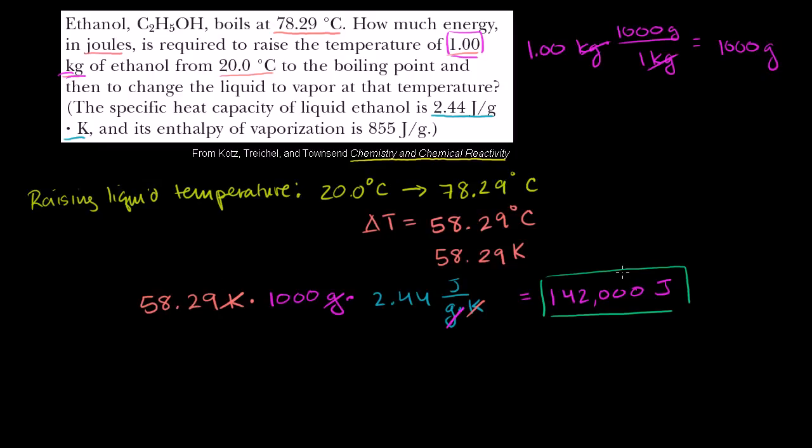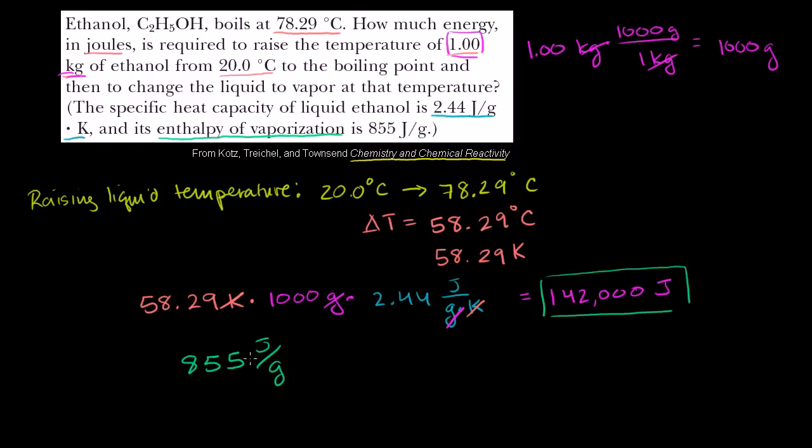Now, the next step: it's just a lot warmer liquid ethanol, and we now have to vaporize it. It has to become vapor at that temperature. So we have to add the heat of vaporization, or we should call it the enthalpy of vaporization. They tell us the enthalpy of vaporization is 855 joules per gram.